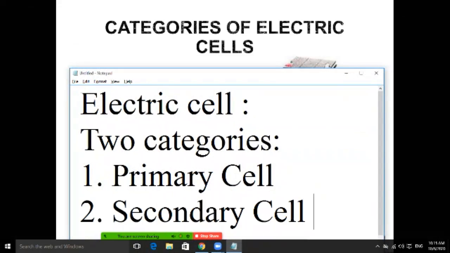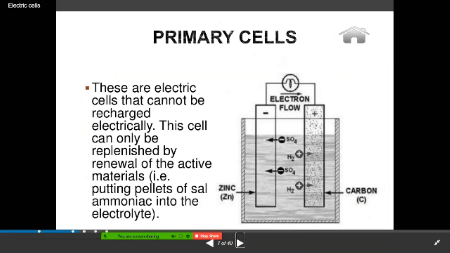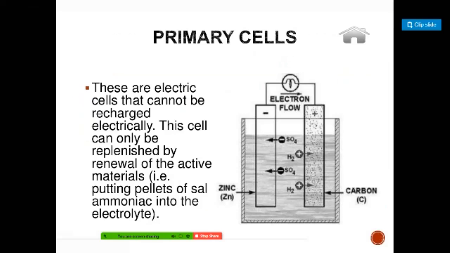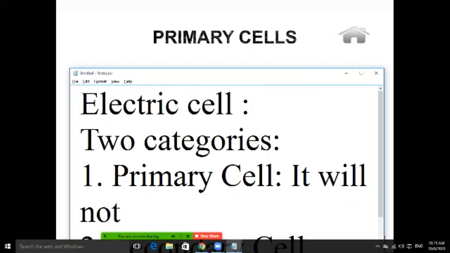So whenever I talk about the electric cell, you have seen this type of batteries in many places. If I talk about the primary cell, a primary cell is not going to recharge directly. Sometimes you have seen a primary cell will not recharge. So what we have to do?